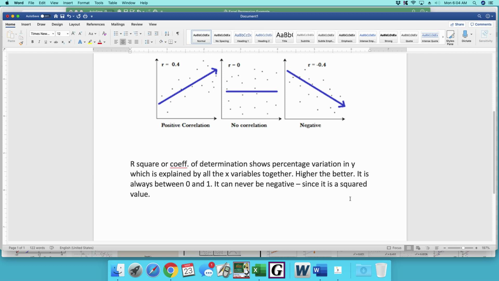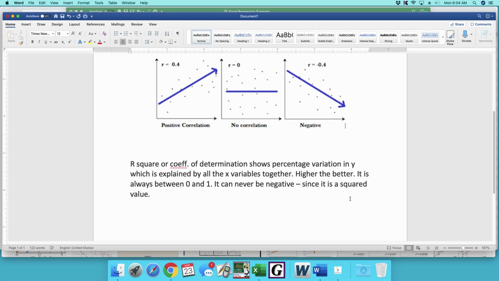It shows the percent of variation in y, which is explained by all the x variables together. Higher the better. So the closer to 1, the more output is explained by the input. It's always between 0 and 1. It can never be negative because it's squared.